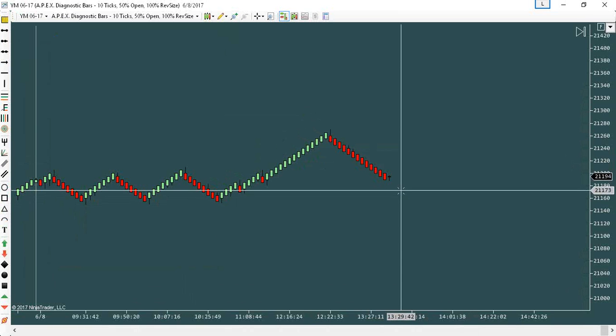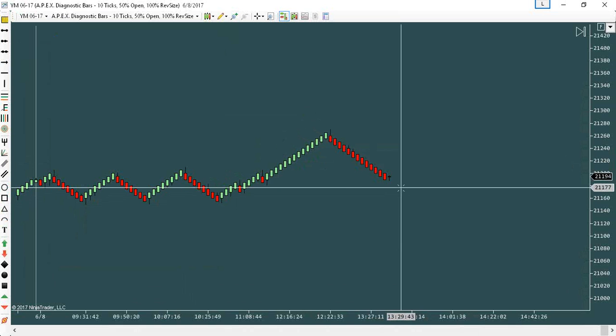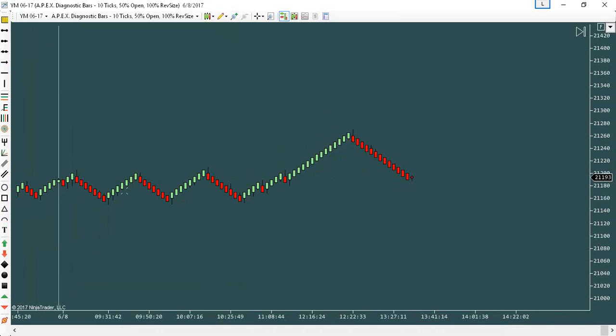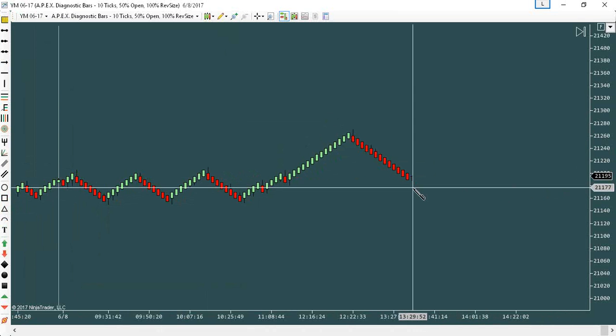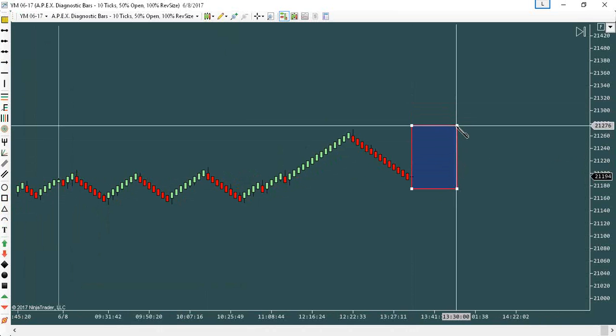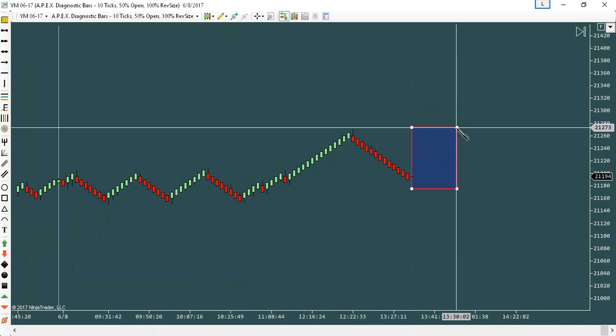21,175 is the bottom of the spread, right? So 21,175 up to 21,275.